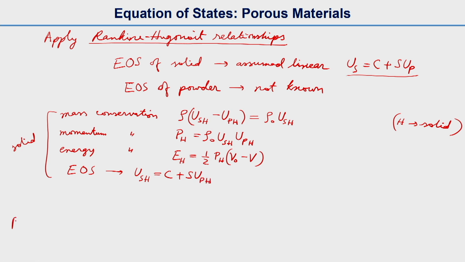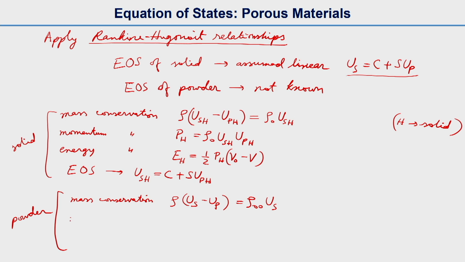So similarly for the powder, what we get is mass conservation: rho (US minus UP) equal to rho double naught US. So double naught we use for the powder.